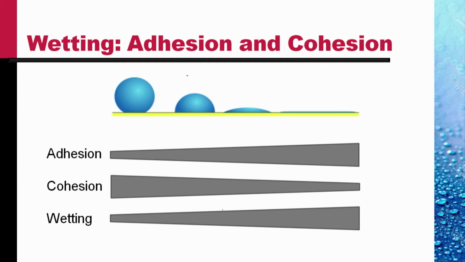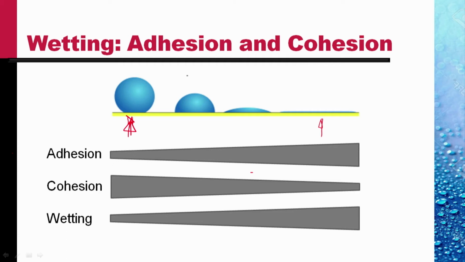As the adhesion increases to the right, the cohesion decreases to the right and the wetting increases. We say that at this location, the wetting is minimum, and at that location, the wetting is maximum. You would have seen that if I have waxed paper, a droplet of water on that wax paper would almost look like this on the left.